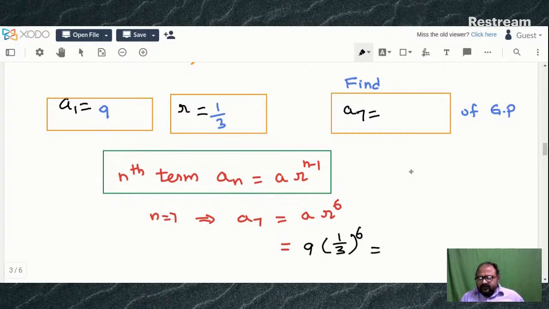And students must simplify this. If you simplify this, you will get the seventh term. I am just putting a question mark. What is the answer for this? You should find the seventh term, A7.